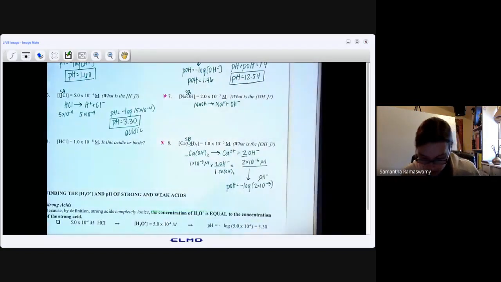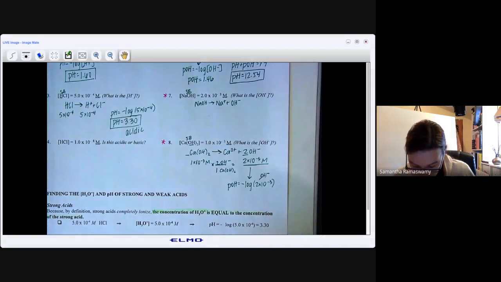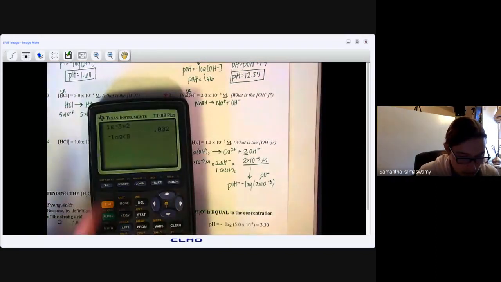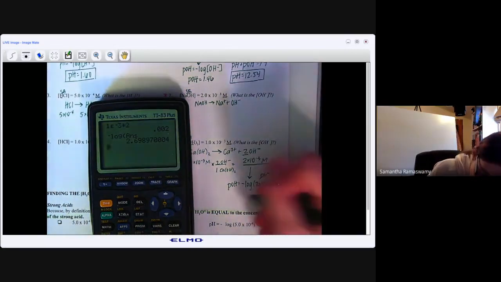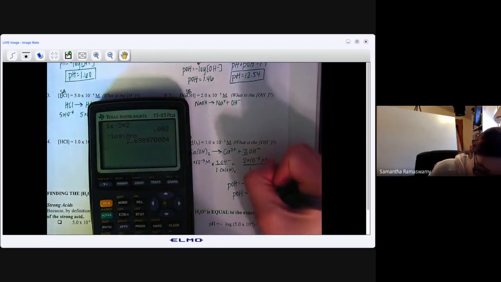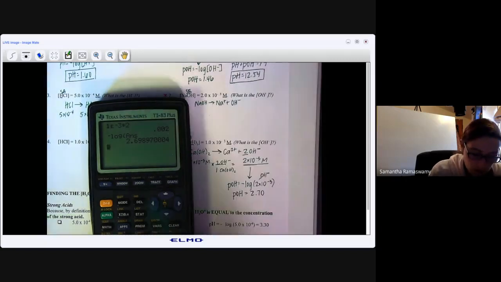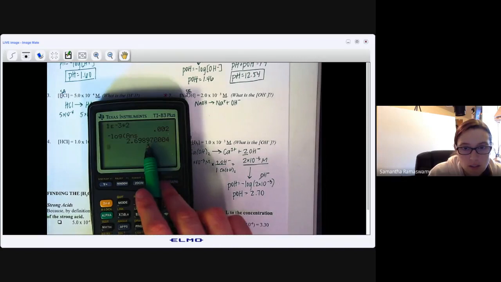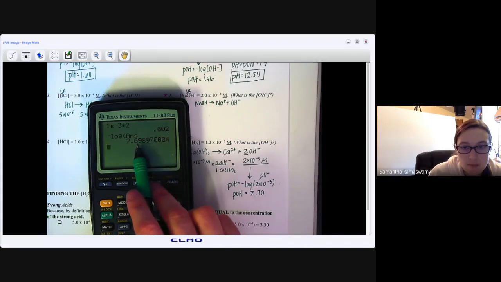So if I take the negative log of 2 times 10 to the negative third, again, I'm going to continue to label this pOH just to make sure I don't get mixed up. I get 2.70, because it's 2.69897. With 2 decimal places, it has to be 0.70.